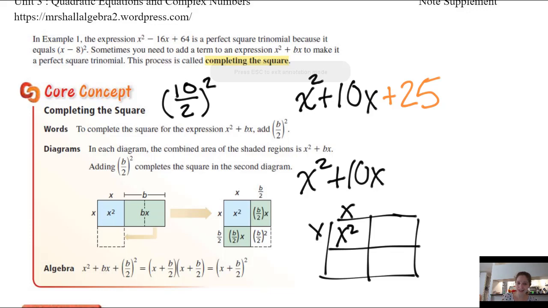We split 10 in half and get 5x, 5x. So the outside is 5, and then we multiply 5 by 5, and we get 25. To make this a square, we add 25 to both sides.